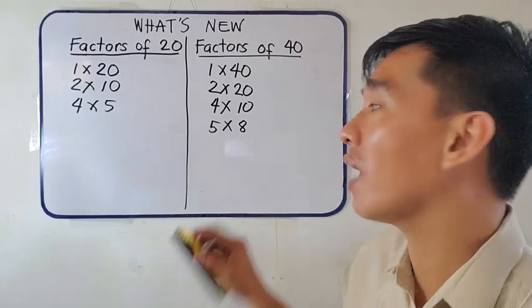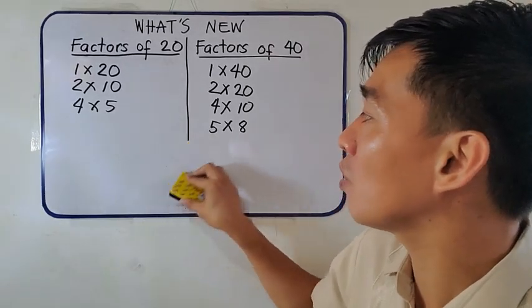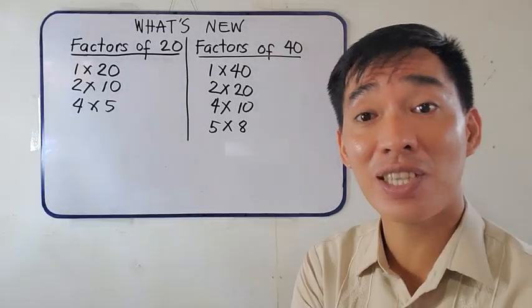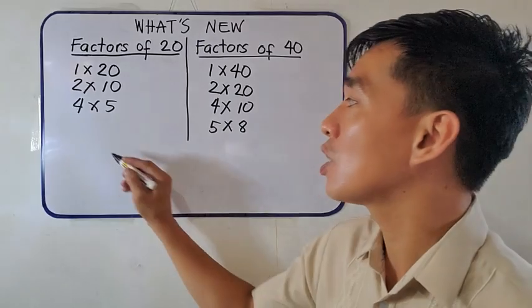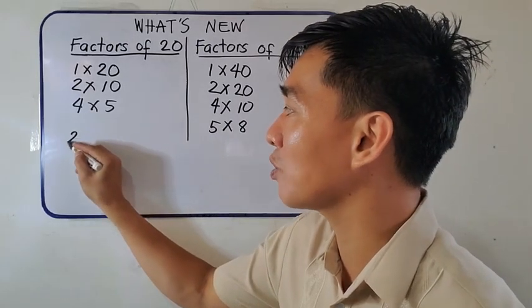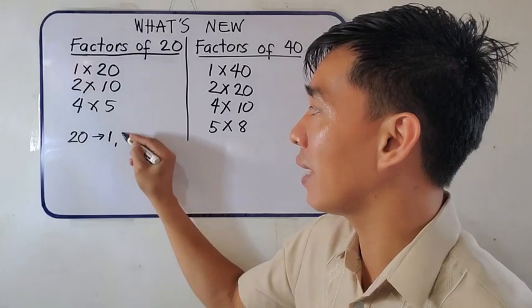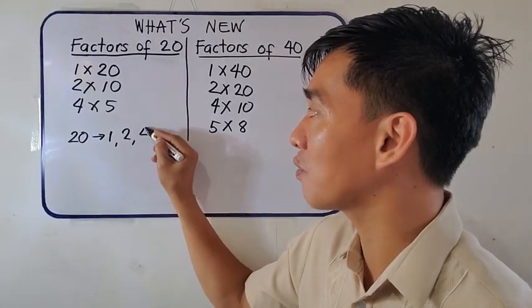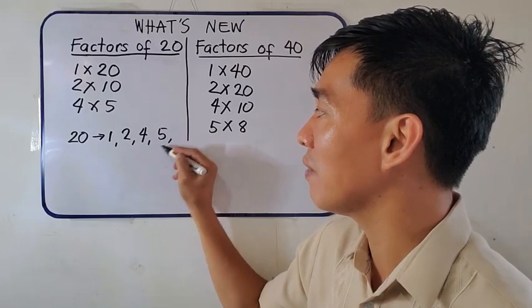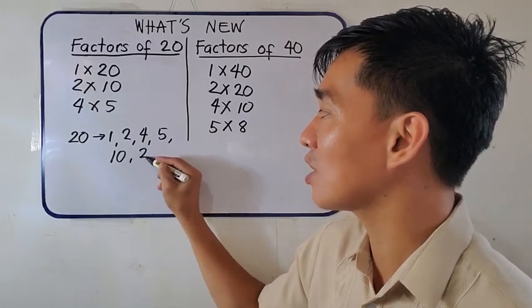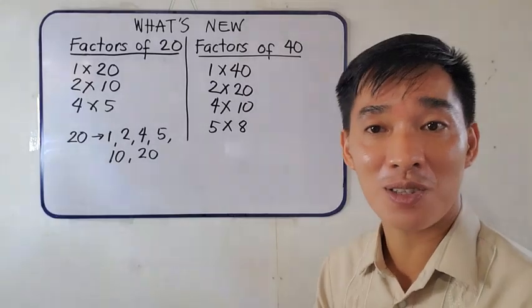The next thing that we have to do is to list down in increasing order their factors. So we could simply say that the factors of 20 are the following. So that is 1, next is 2, next is 4, next is 5, next is 10, next is 20. These are the factors of 20.